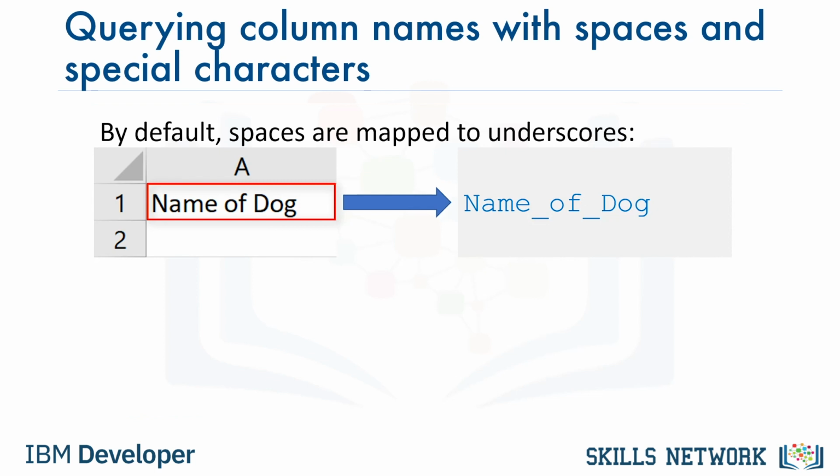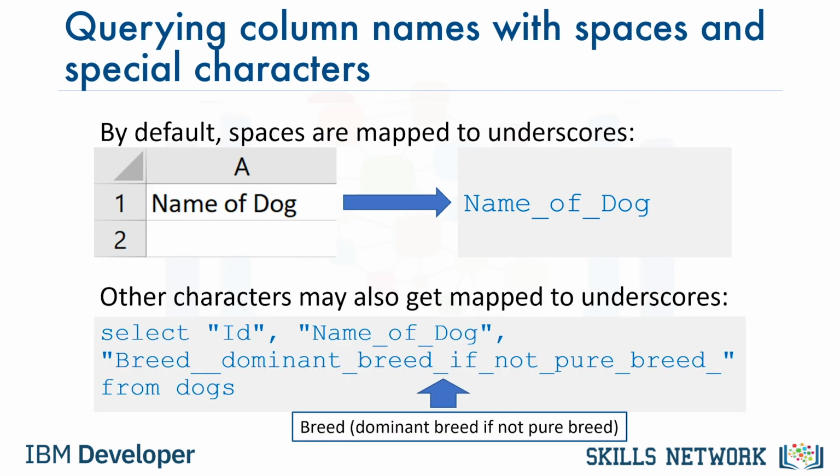The database may change it to name underscore of underscore dog. Other special characters like parentheses or brackets may also get mapped to underscores. Therefore, when you write a query, ensure you use proper case formatting within quotes and substitute special characters to underscores, as shown in this example.